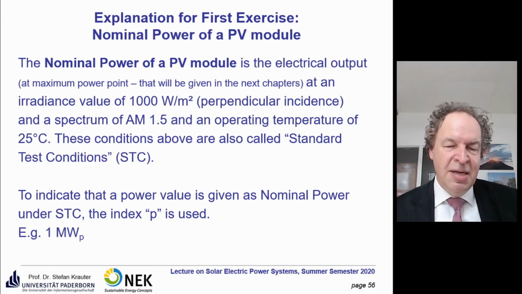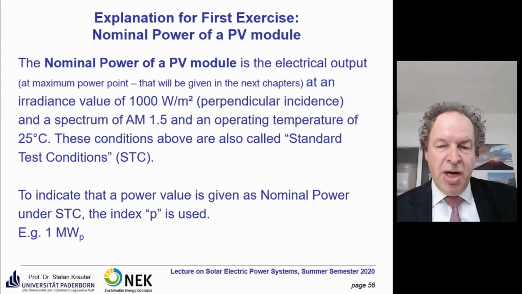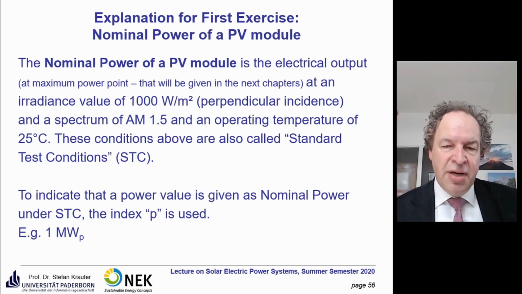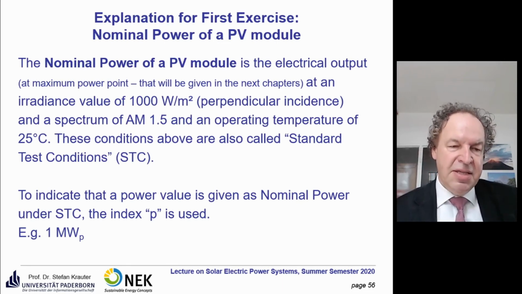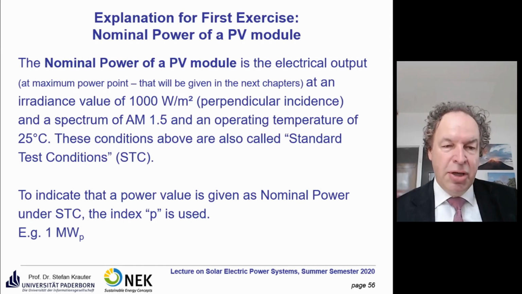Usually it's higher, but it's a standard. They are called standard test conditions, or in short form STC. As you saw already in the examples of South Africa, it's indicated by an index P at the power. It means it's according to standard test conditions. So, for example, 1 megawatt peak means the power plant has a power of 1 megawatt if standard test conditions are applied.